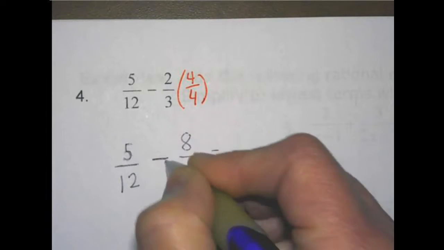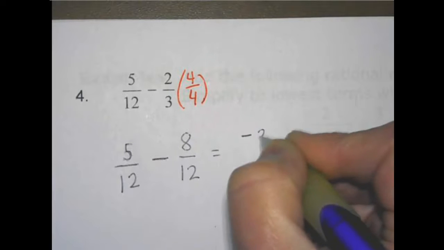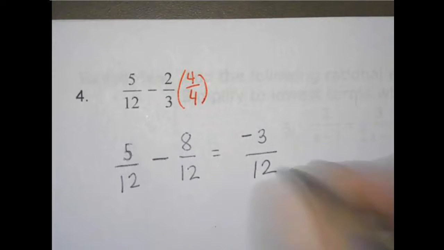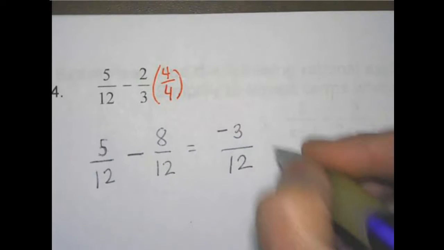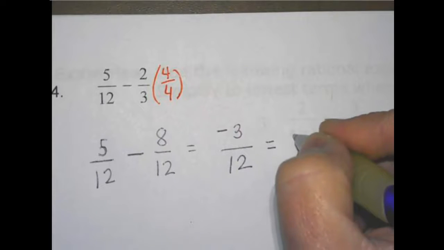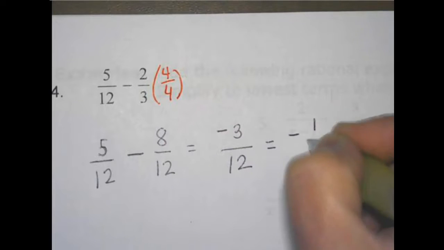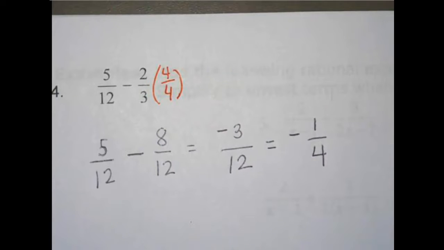And so 5 subtract 8 is negative 3 over 12. And you always reduce to lowest terms. 3 goes into 12 4 times, so that is my reduced answer.